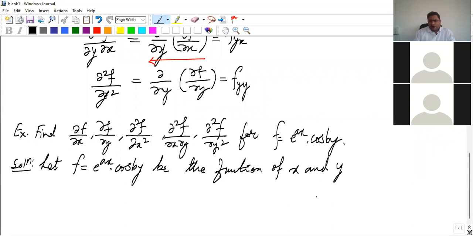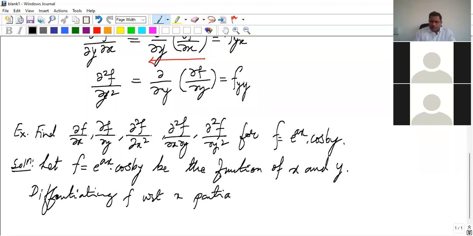Here we know that x and y are independent. Now we want to find this derivative, so we must mention that we are differentiating f with respect to x partially.